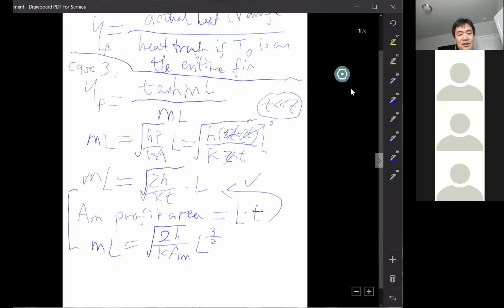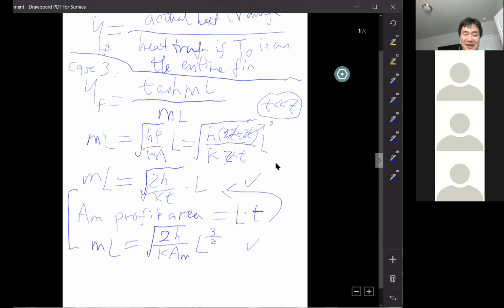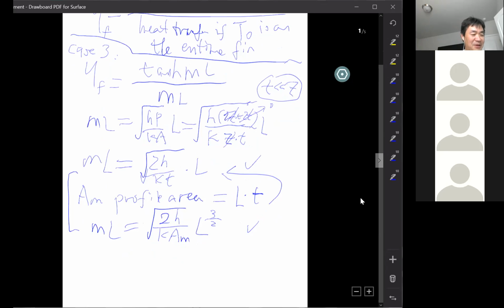You just substitute this into this, and it will become this. If you are used to the profile area in the design process, maybe you want to pick this one. Otherwise, if you know K, T and L, you can just simply apply this. That's what I say: I'm trying to introduce many equations to you, and then you have to pick the correct equation for a particular problem.